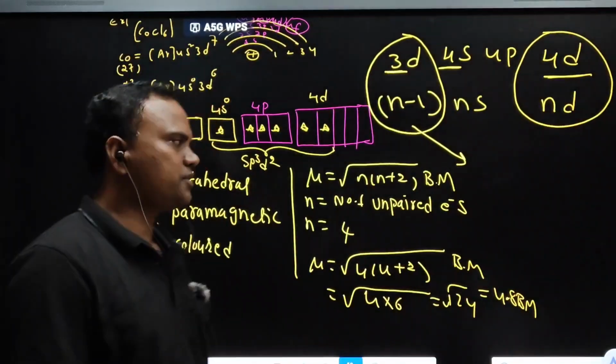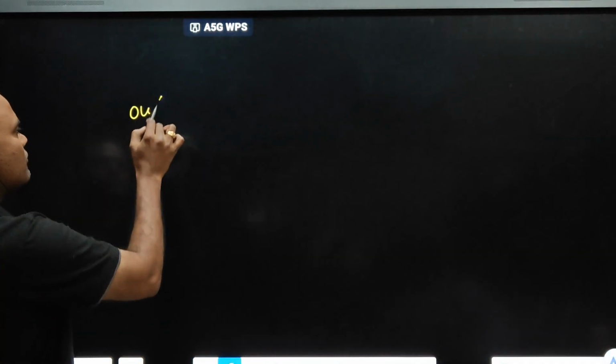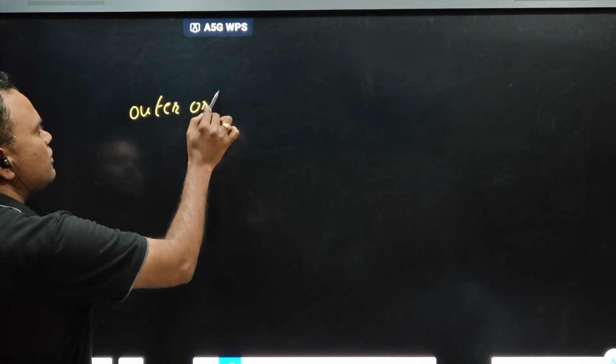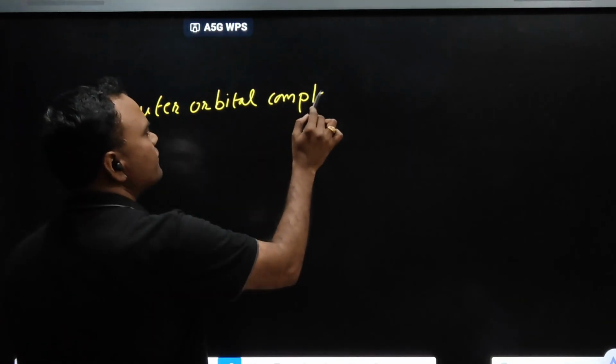Outer orbital complex. Very simple definition.